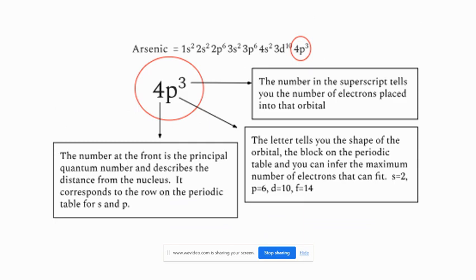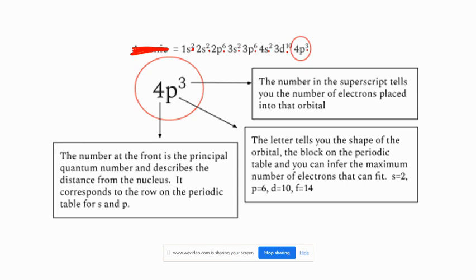Now, if you're given one of these and told to identify, so you don't know what this is, one way that you can figure out what it is is to add up these superscripts. So add 2 plus 6 plus 6 is 10, 12, 18, 20, 33. Arsenic should be 33.